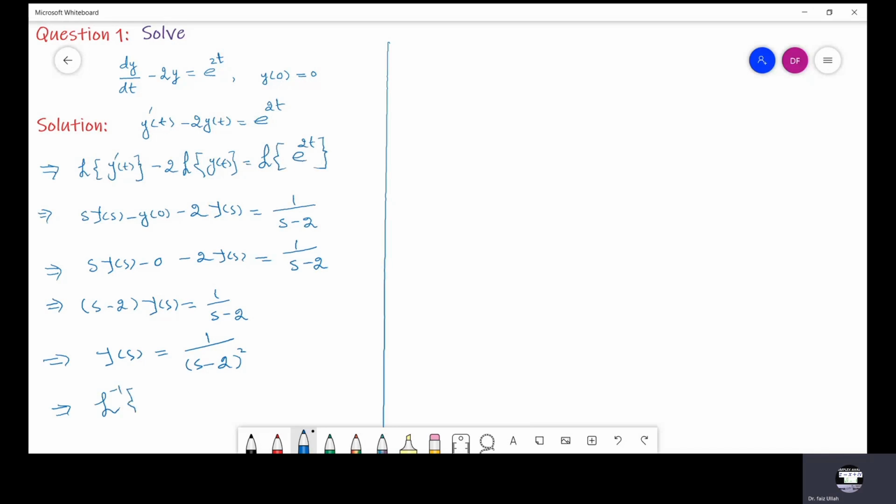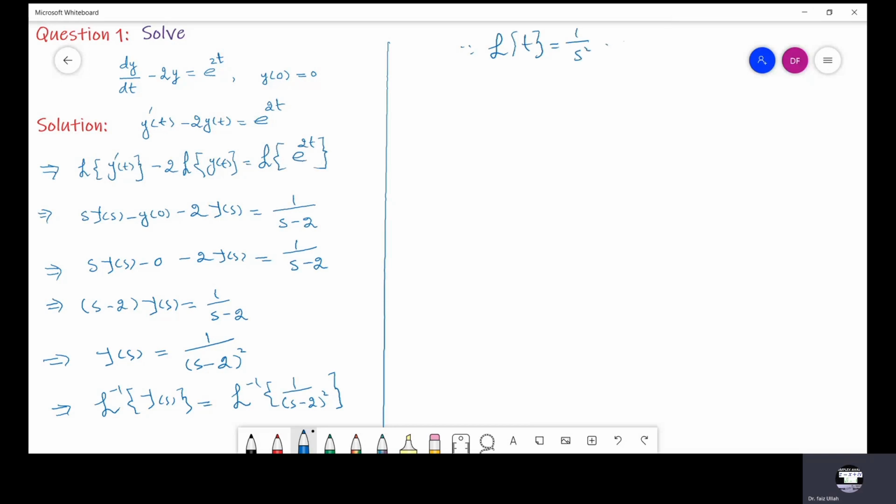So L inverse of y of s is equal to L inverse of 1 over s minus 2 whole square.